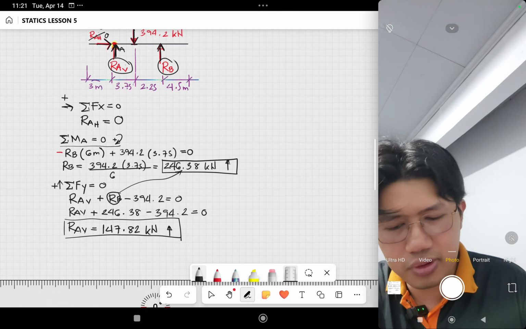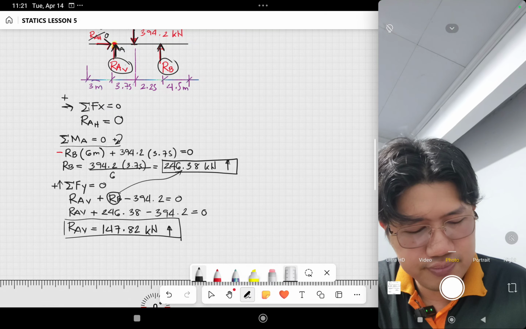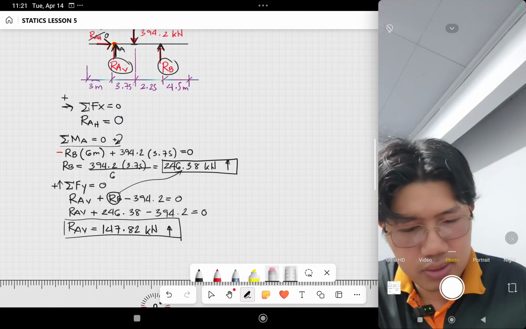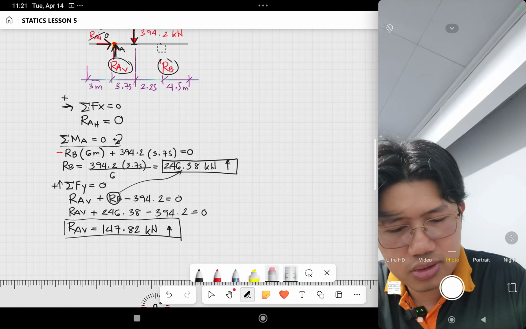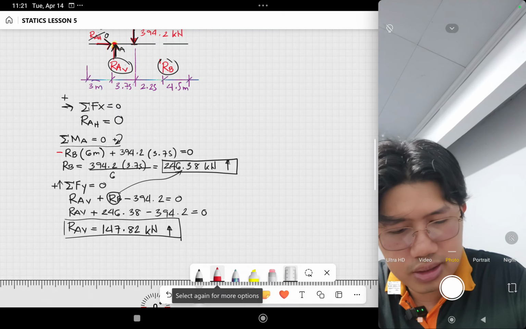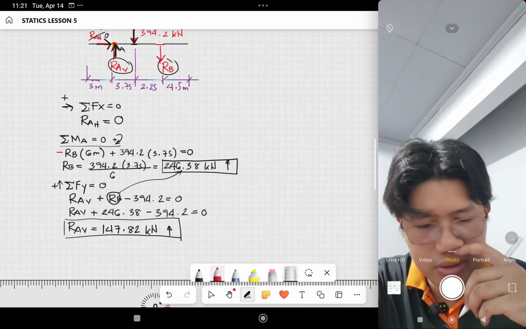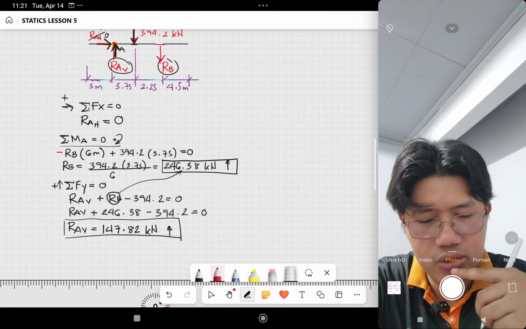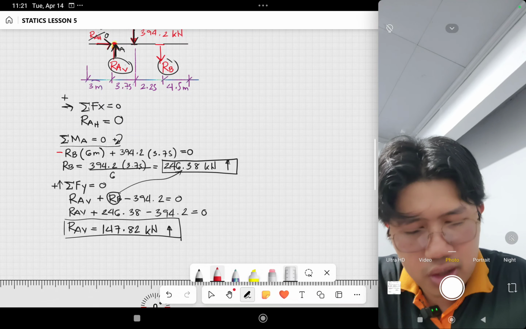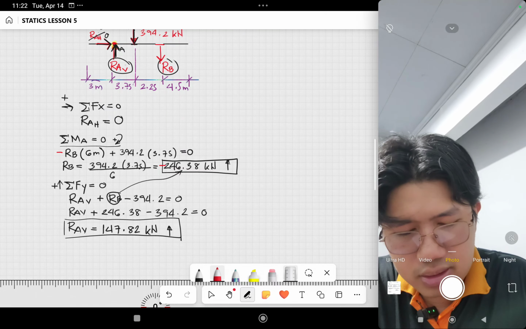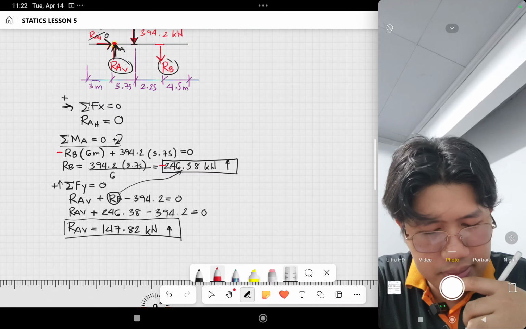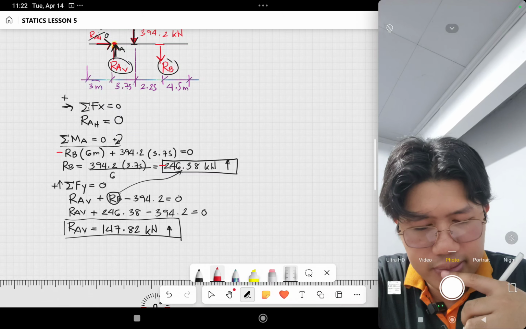Now, for example, inassume ko si RB na pababa. Pwede yun, sa free body diagram ko, inassume ko. And then nakuha ko yung RB, for example lang, no, is negative.